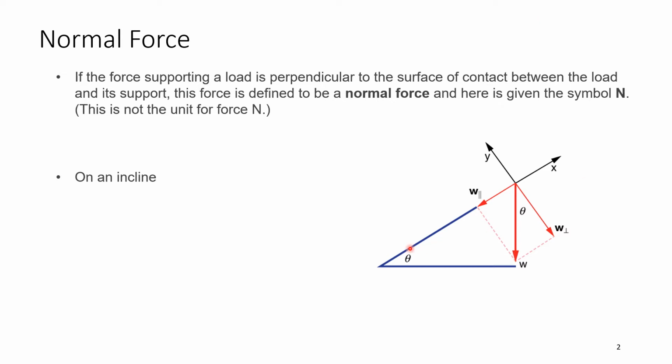Notice that the angle theta of the incline is the same as the angle formed between W and W perpendicular, so that W perpendicular equals mg cosine theta and is typically equal in magnitude and opposite in direction to the normal force N. W parallel equals mg sine theta and causes the object to accelerate down the incline.